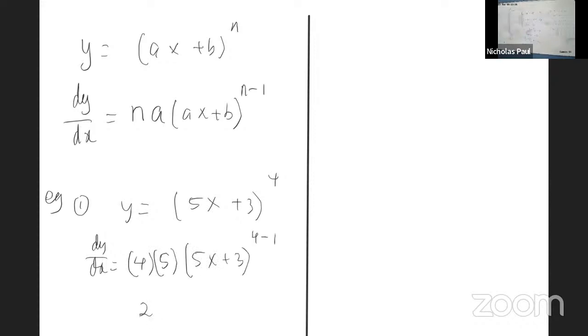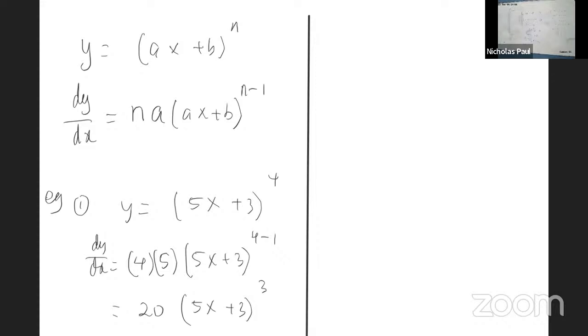So you're going to get 20 by 5x plus 3 to the power of 3. Please do not try to multiply 20 by 5, because remember, in order of operations, you do the brackets first. So you have to cube it first. So that is your shortcut method.